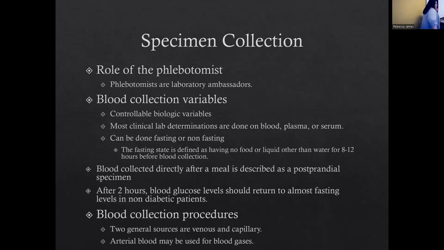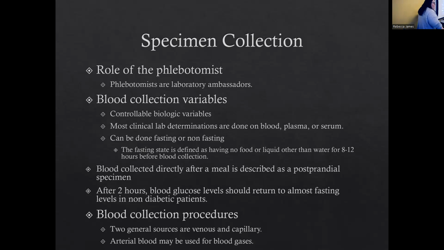We're going to talk about this when we get to chemistry. It is super important, because the reason you have to monitor certain drug levels is that if you give too much of the drug, it could kill somebody. And if you give too little of the drug, that means it isn't working.